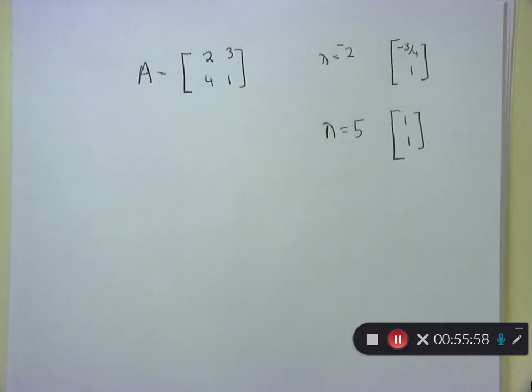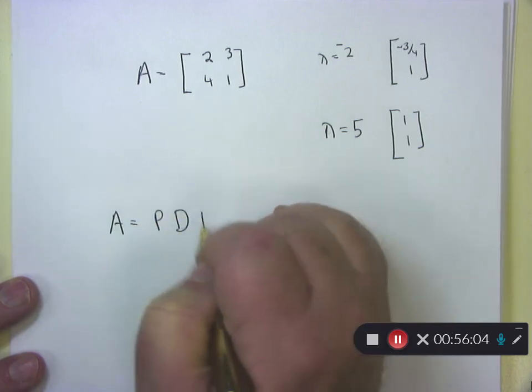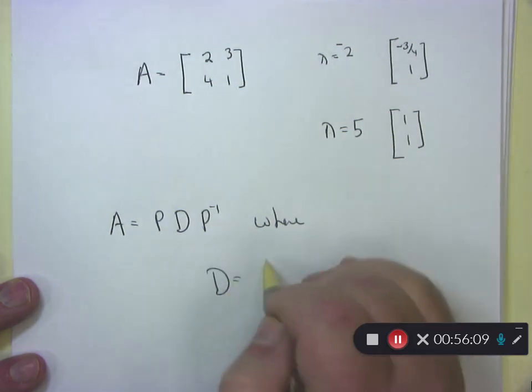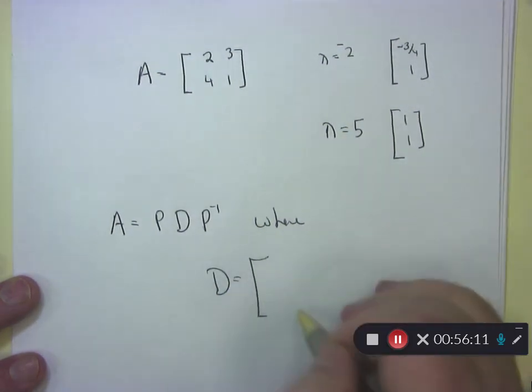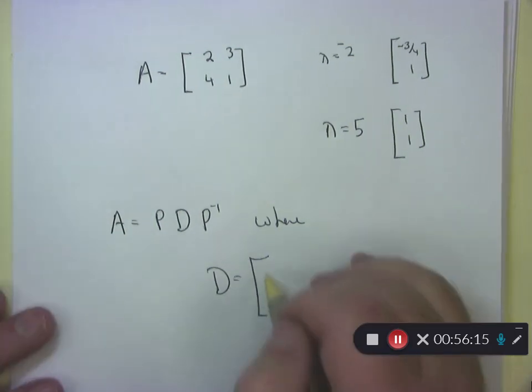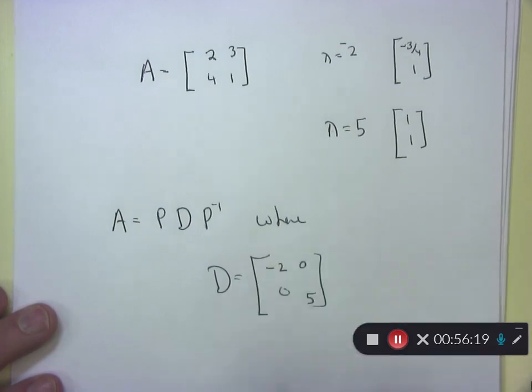So, who is A similar to? A is equal to PDP inverse, where D is equal to, and this is your choice, you want to put your eigenvalues on the main diagonal. I like to put them in order, so I'm going to put negative 2 here and 5 here, 0, 0. That is your diagonal matrix.